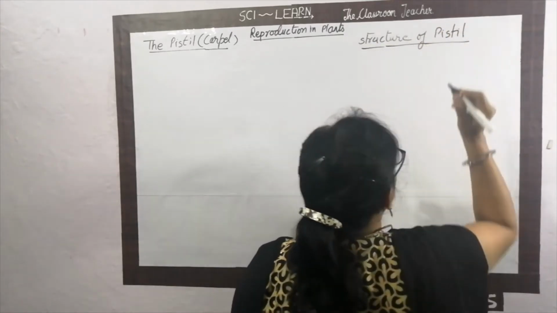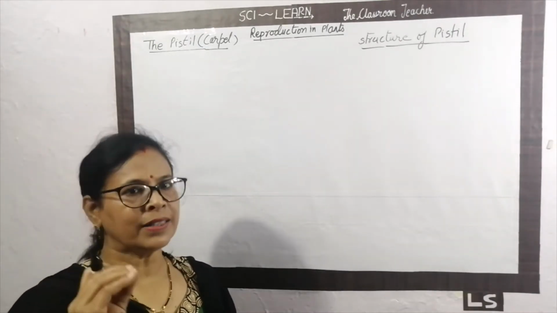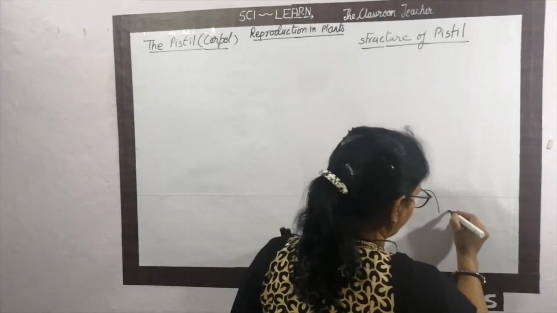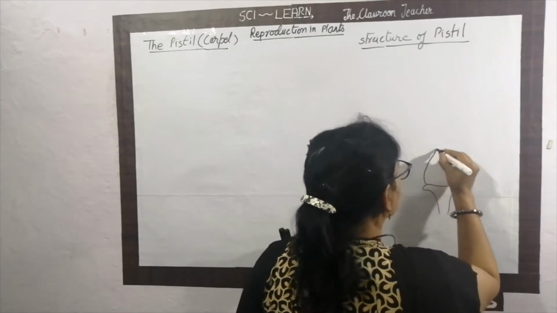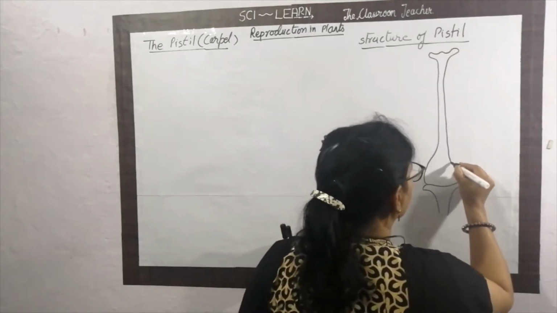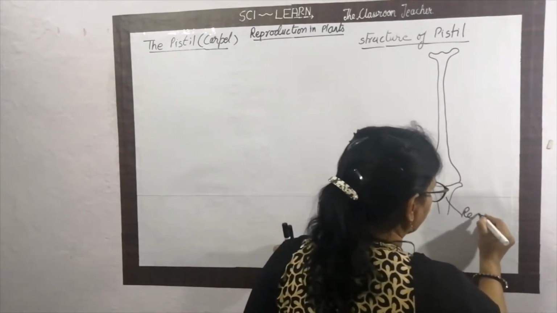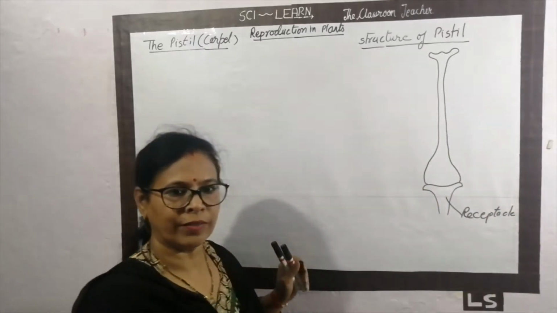The structure of the pistil. The pistil is composed of basically three parts: the stigma, the style, and the ovule. This is the receptacle or thalamus, you know very well.